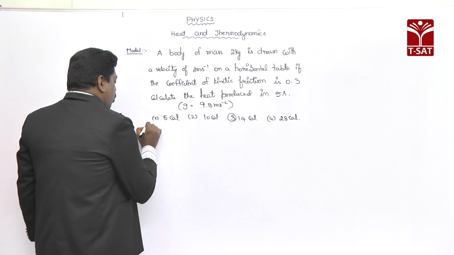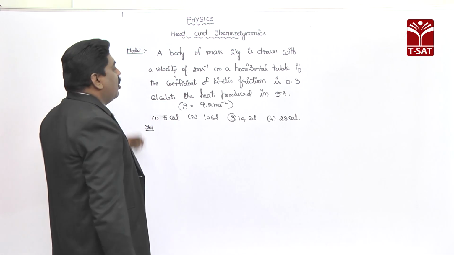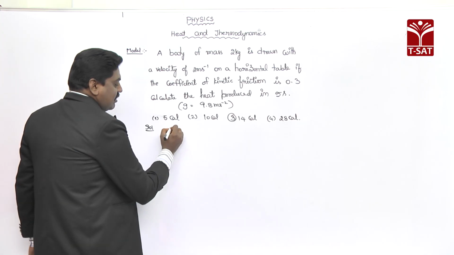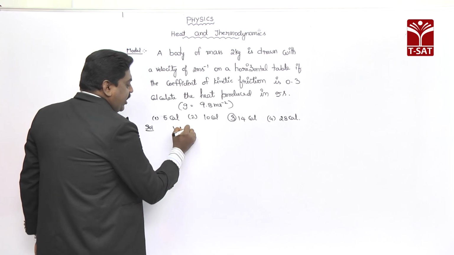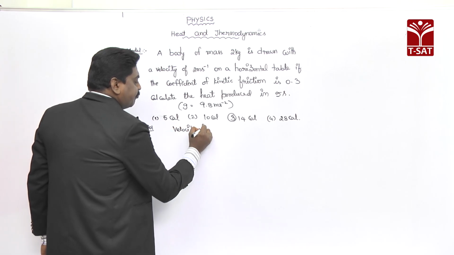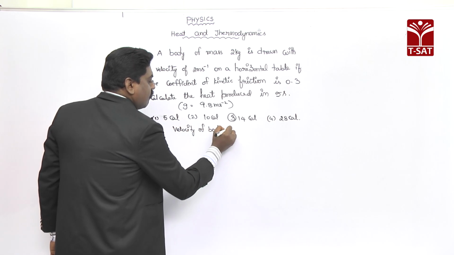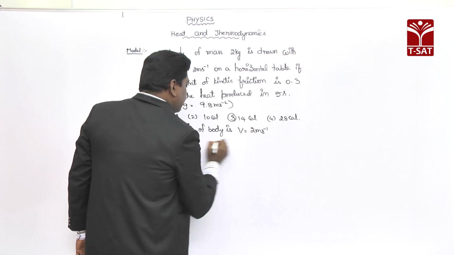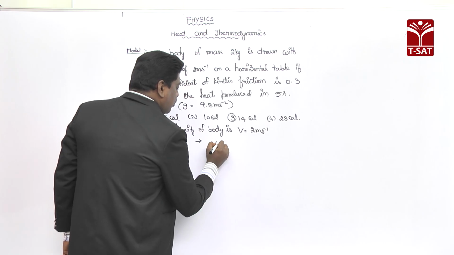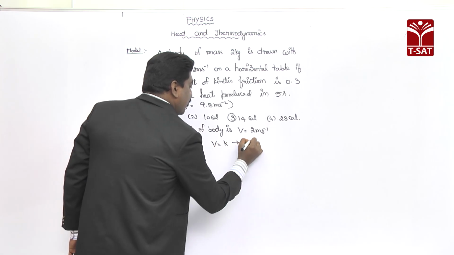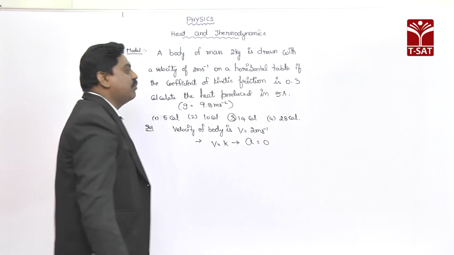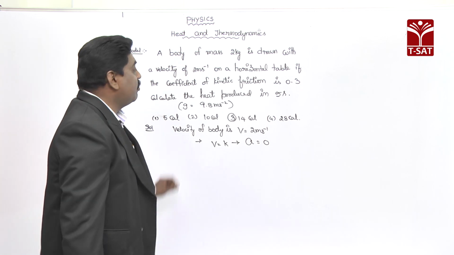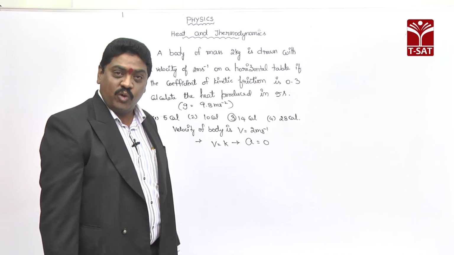In this present problem, the body is drawn with a velocity of 2 meters per second. Velocity of body is v equals to 2 meters per second. This implies velocity is constant, therefore acceleration of the body will be 0, and the work is done due to the frictional force.